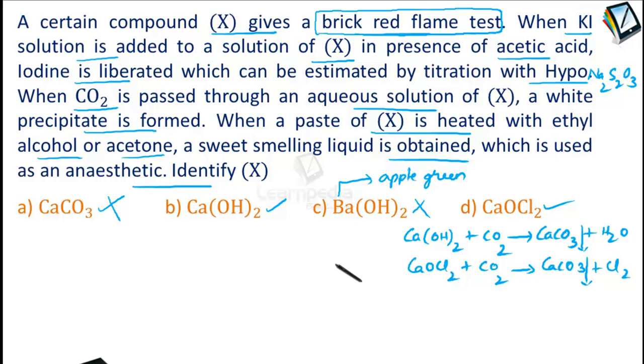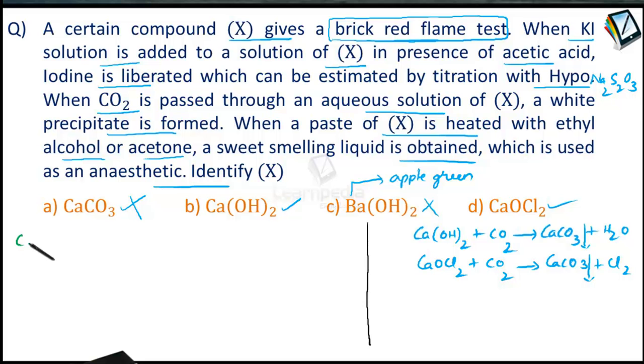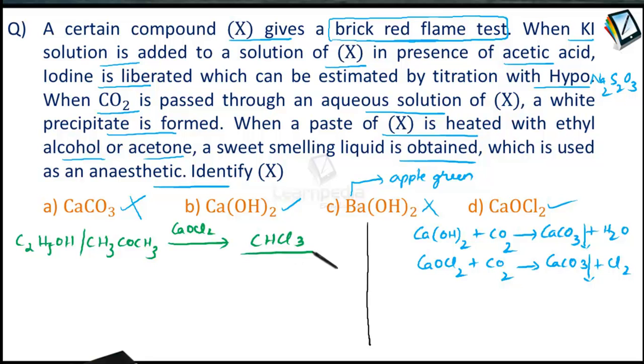Let's move further. When a paste of X is heated with ethyl alcohol or acetone, a sweet smelling liquid is obtained, which is used as anesthetic. And this is a very common reaction in organic chemistry, that ethyl alcohol or acetone on distillation with bleaching powder results in the formation of chloroform as the final product.